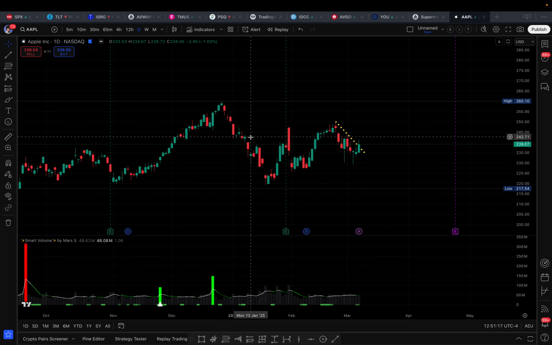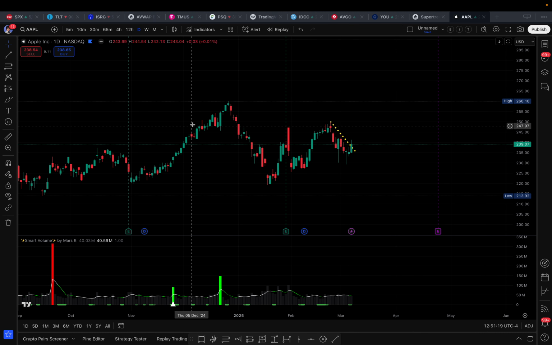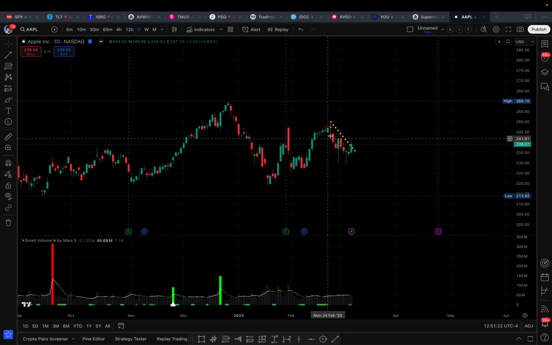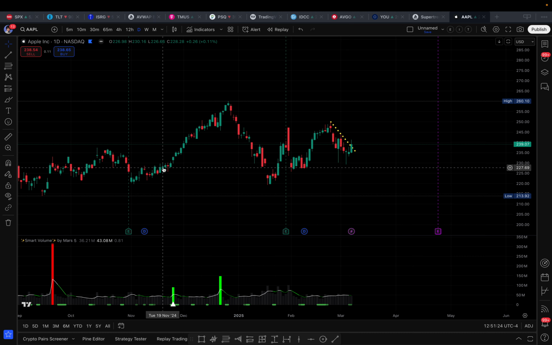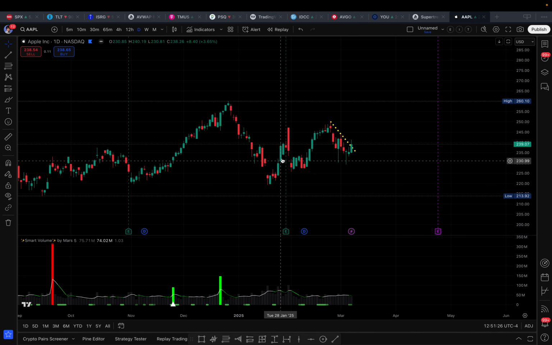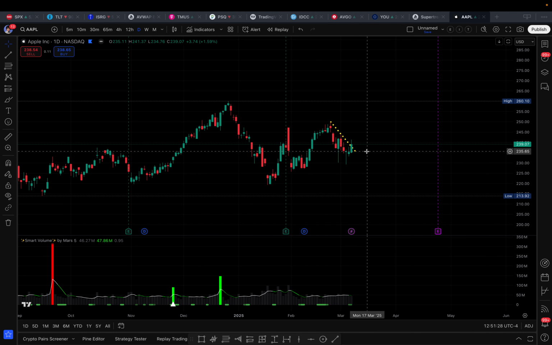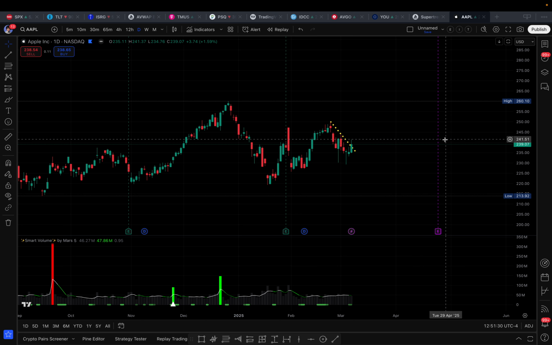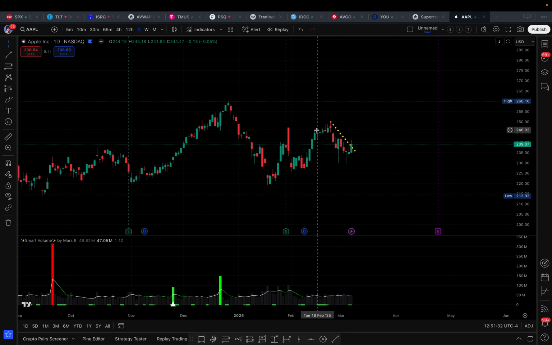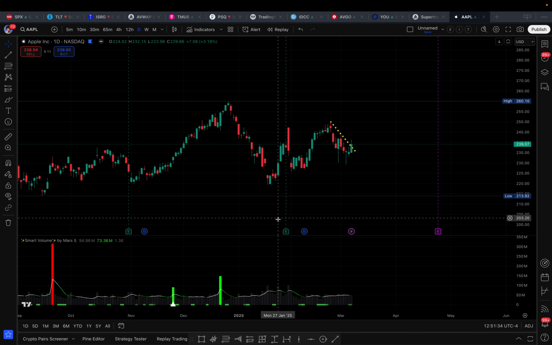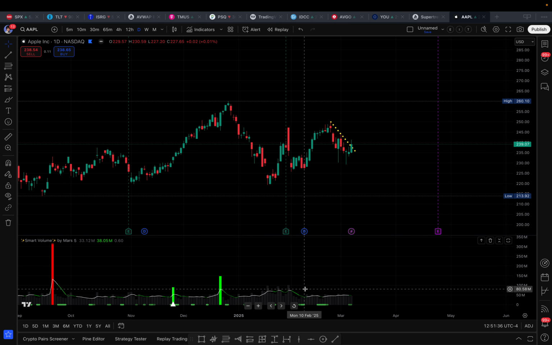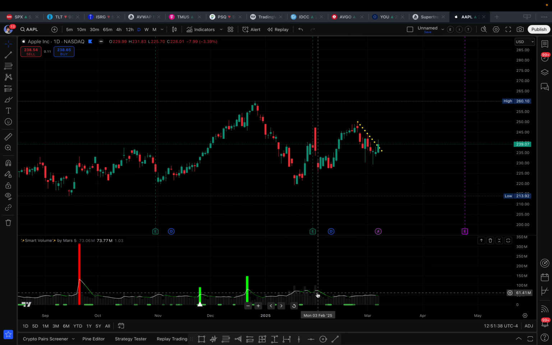What else can you see here? Very clearly a VCP pattern or a volatility contraction pattern, like a lot of volatility here and then less here, and it may be fluctuating like this. It's a roller coaster that is going less and less aggressive, and that's good because look at this. This is exactly a VCP that happened a little bit before.